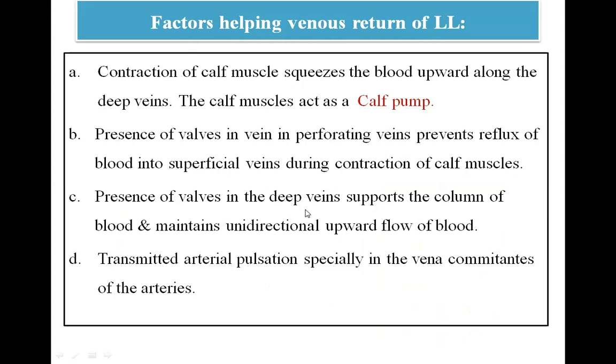Presence of valves in the deep veins supports the column of the blood and maintains the unidirectional upward flow of blood. Transmitted arterial pulsations, especially in the venae comitantes of the arteries, are also one of the important helping factors for the venous return of the lower limb.